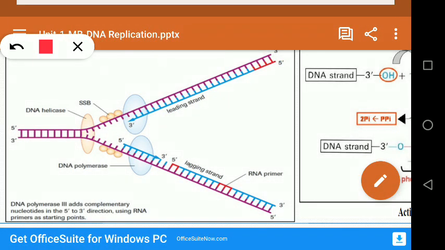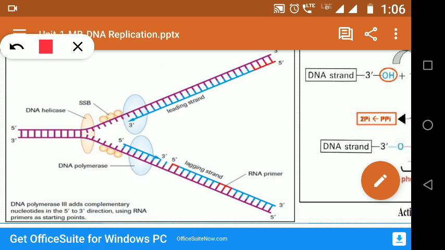Each and every short stretch will contain a small RNA primer extended by DNA polymerase 3 to form that short stretch of DNA, and then another primer, another DNA stretch, another primer, another DNA stretch. In that way we will have very short stretches of newly synthesized DNA. This is called discontinuous synthesis.